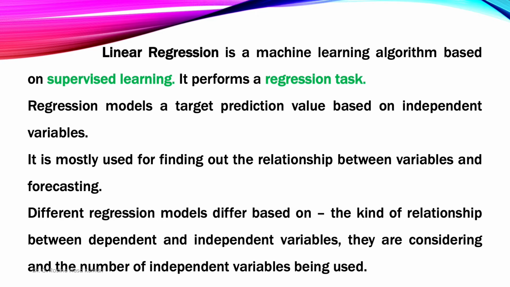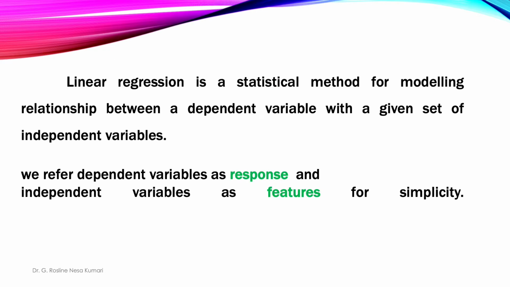Different regression models differ based on the kind of relationship between the independent and dependent variables, and they consider the number of independent variables being used. Linear regression is a statistical method for modeling the relationship between a dependent variable and a given set of independent variables.